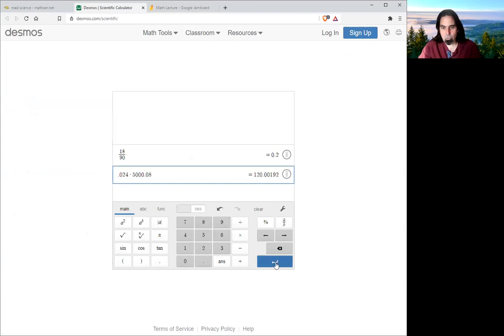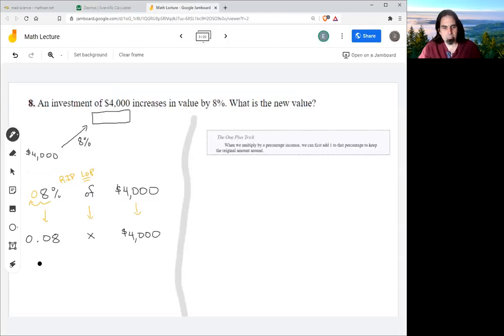0.08 times 4,000 is 320. But that's not what we're really looking for. That's just that the 8% is 320.